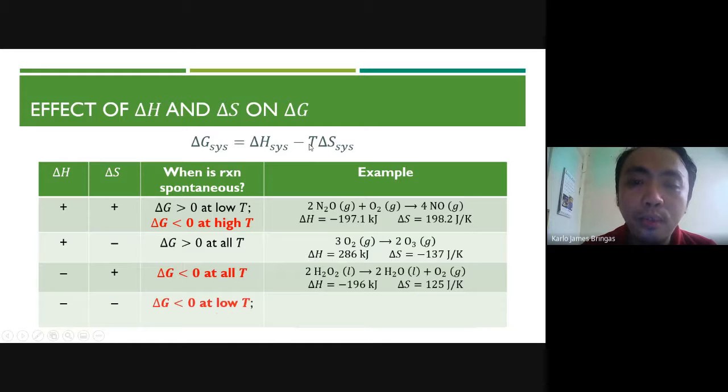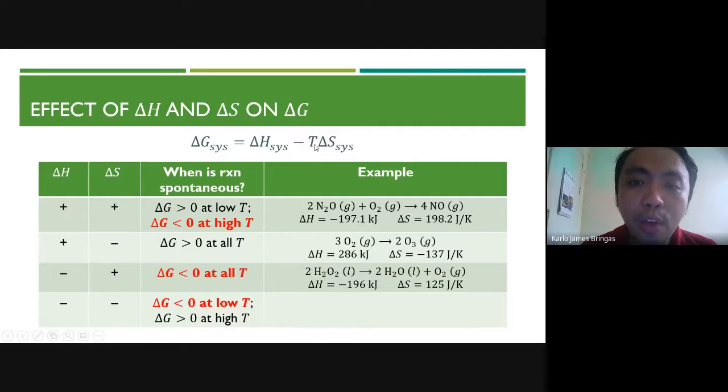So negative times positive T times a negative delta S, magiging positive itong second term na ito. So it's quite okay if ang temperature natin is low. So if ang temperature is low, this positive value will not affect the negative delta H so much. So that ang kalalabasan ni delta G is, it's gonna have a negative sign.